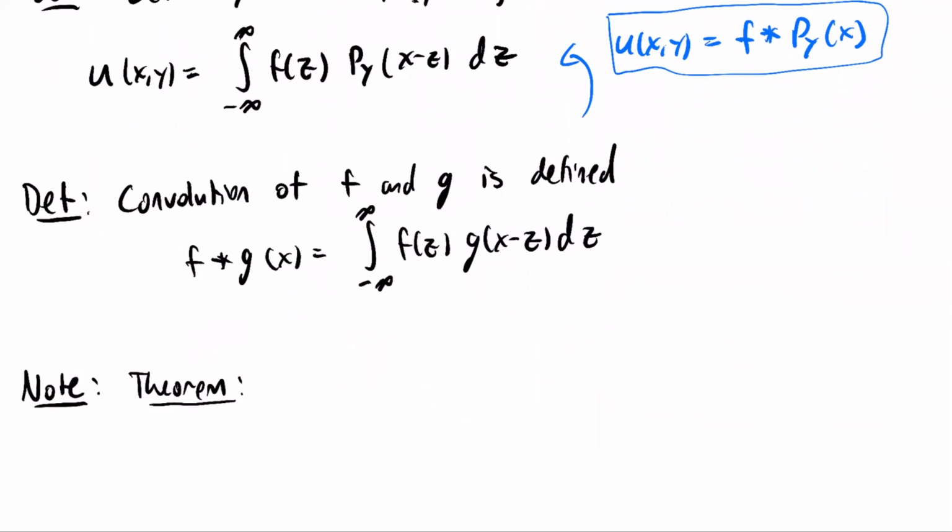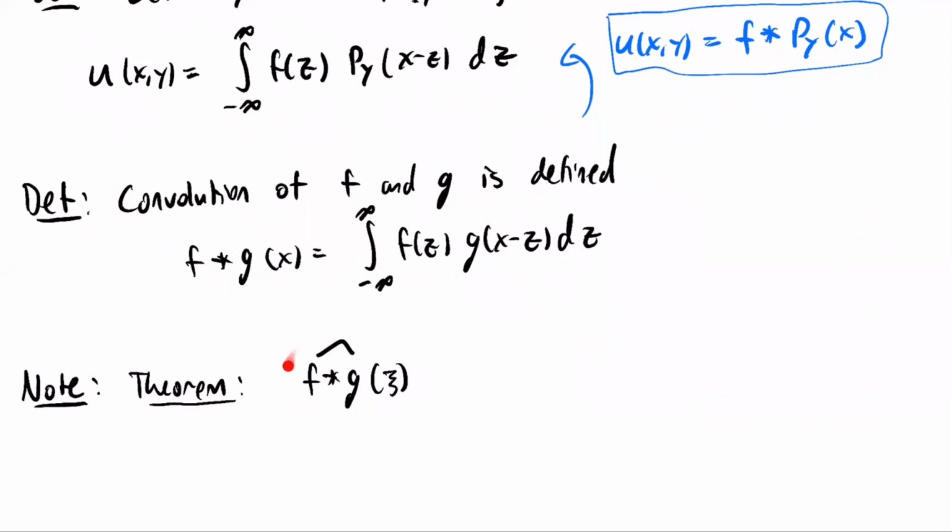Suppose I take the convolution of two functions. Notice that this f star g forms a new function of x. I have some function f of x and some function g of x, and then I combine them in some way to get a new function of x, which is defined in this way.